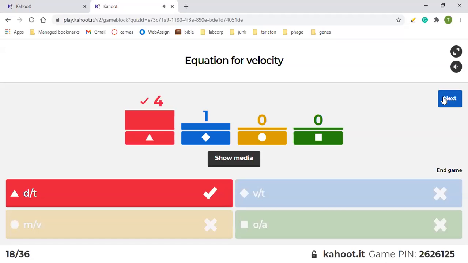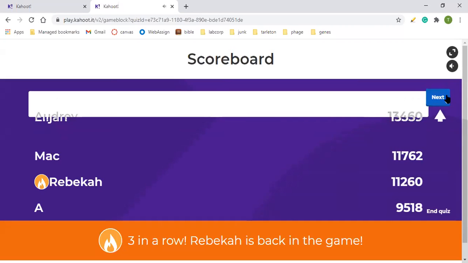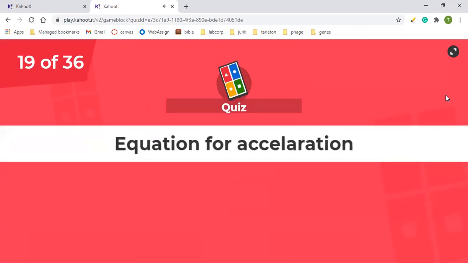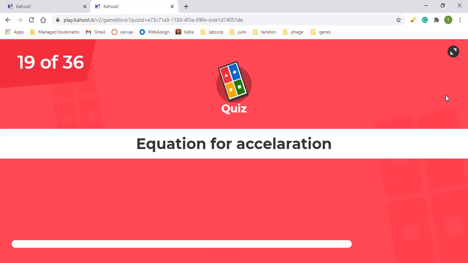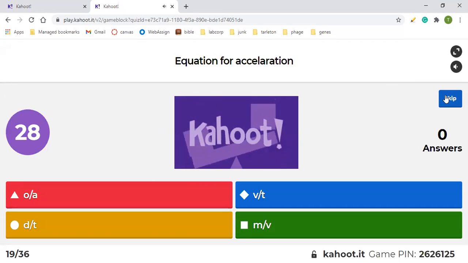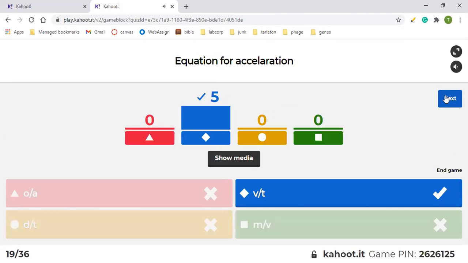So velocity is distance over time. Acceleration is velocity over time.